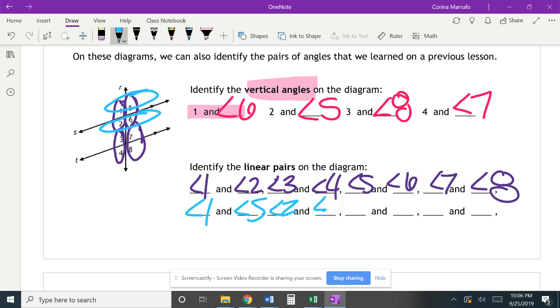Angle 3 and angle 7. And last, angle 4 with angle 8. So there are several linear pairs. It is not letting me write angle 8. All right.